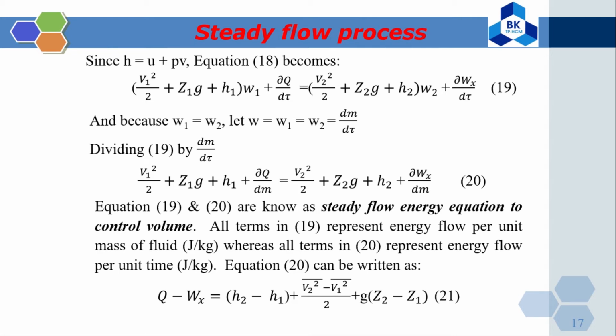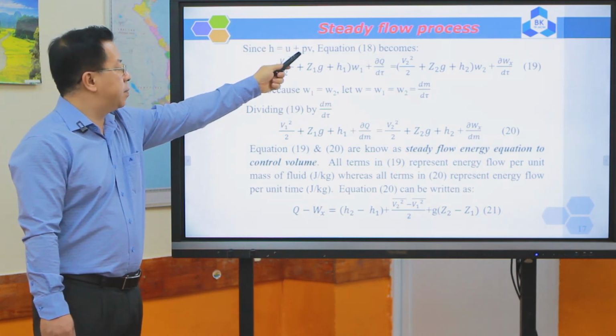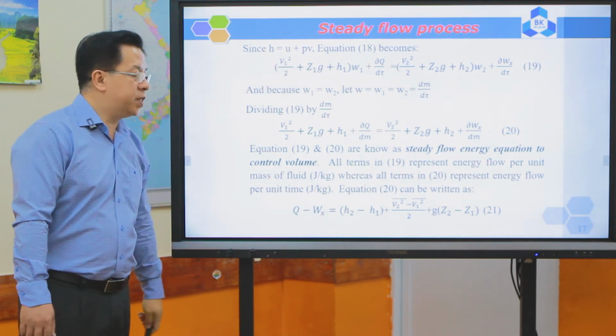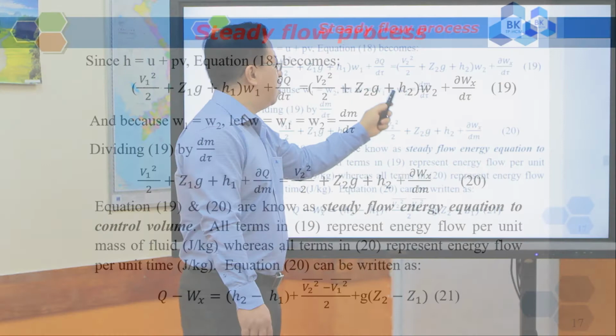As you know from the previous lesson, H here is enthalpy. The enthalpy will be equal to u plus Pv. In this formula, u is the internal energy, P is the absolute pressure, v is the specific volume, and enthalpy H equals u plus Pv. So we replace this into equation 18, and equation 18 becomes this formula.